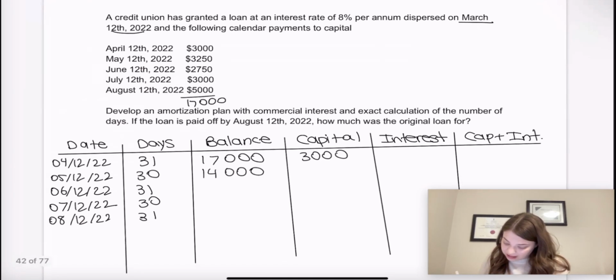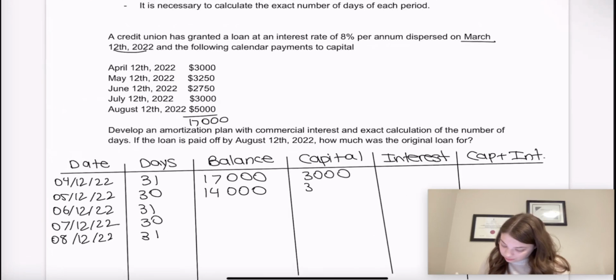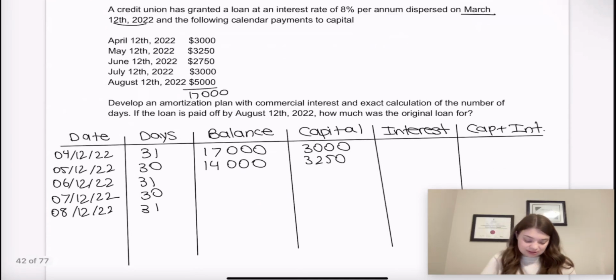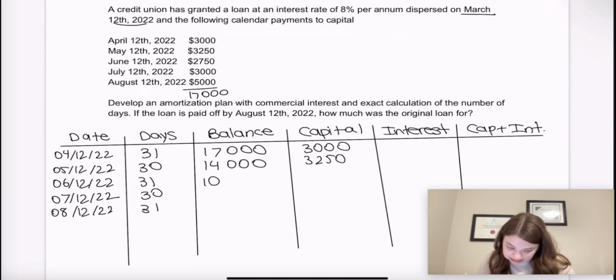Then we make another payment where $3,250 of that payment is going to capital. So then we subtract that from 14,000. So 14,000 minus 3,250 is going to give us $10,750 left on our loan. Then we pay another $2,750 towards the principal in the next payment.